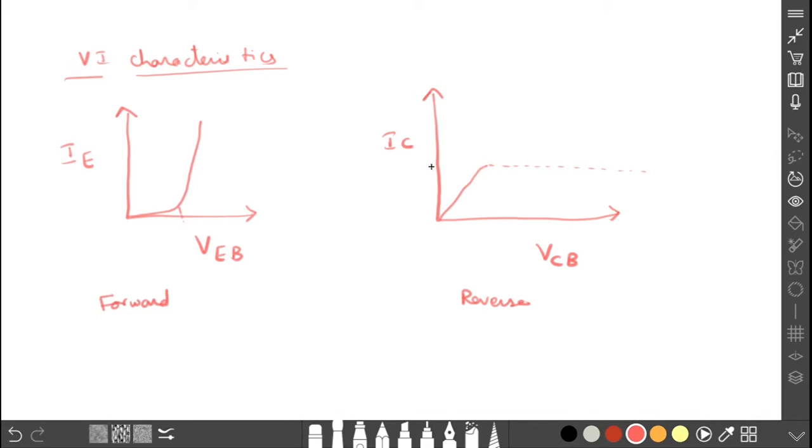So this is IE, and IE is always equal to IC. These are the voltage versus current characteristics for the two junctions, the forward and reverse biased junctions.